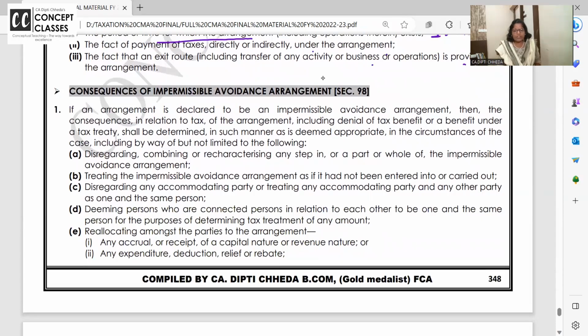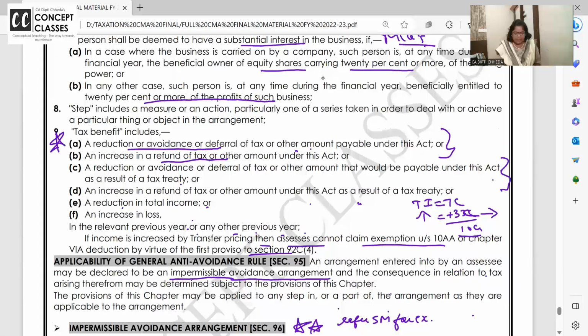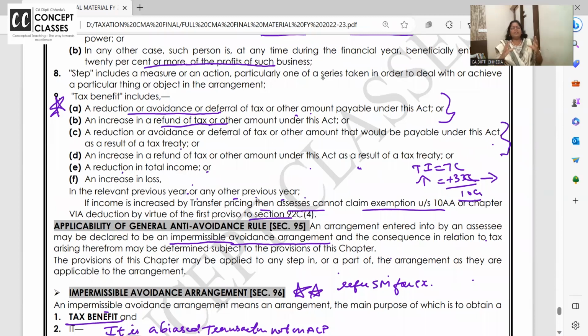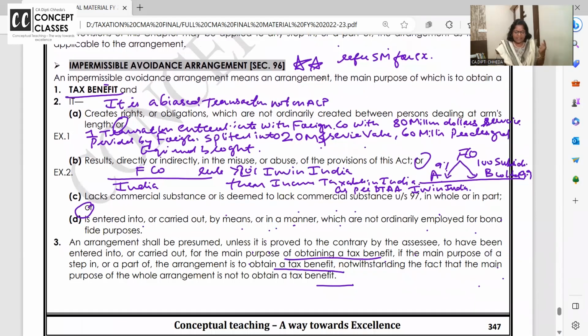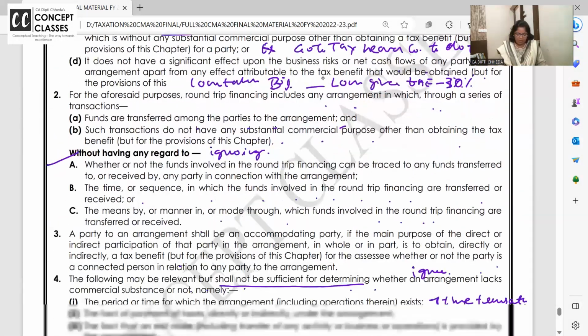Now, what is the consequence of an impermissible avoidance arrangement? Whenever transactions are done between parties after 1/4/2017 and in the arrangement tax benefit exceeds 3 crores, and along with tax benefit, if we feel that the transaction is not in the ordinary course of arm's length, or it directly misuses or abuses the provisions of the Act, or it is lacking commercial substance, then it will be treated as an impermissible avoidance arrangement and it will not be allowed.